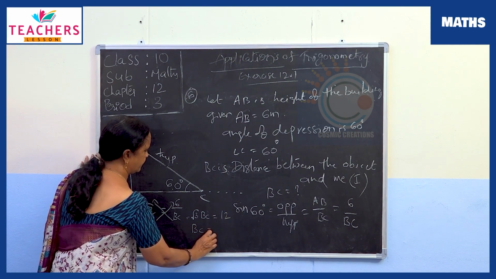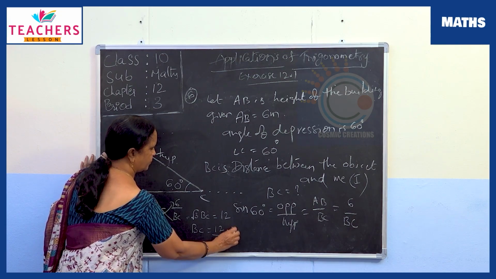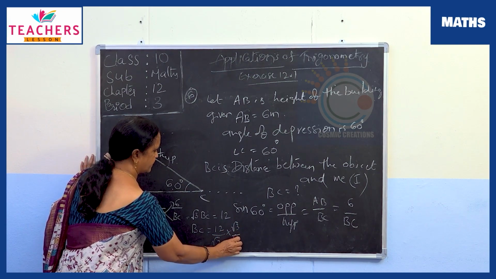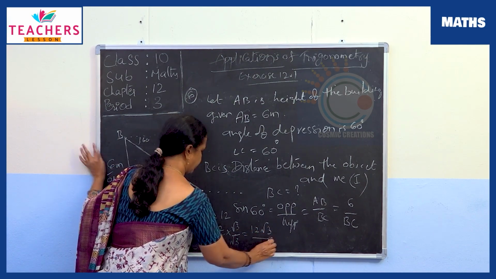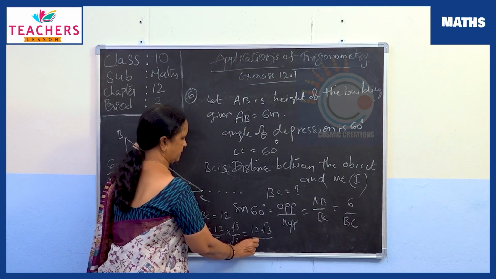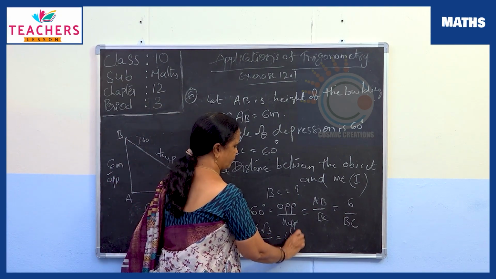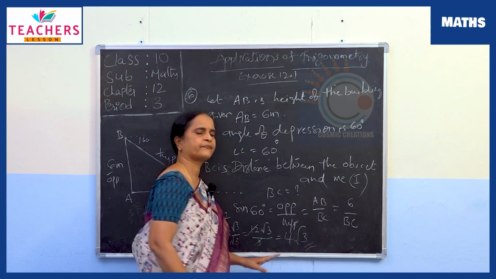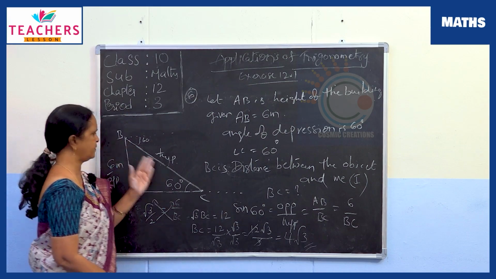Now BC is equal to 12 by root 3. Multiply by root 3 by root 3: 12 root 3 by 3. What is the answer? 4 root 3. 4 root 3 is our answer.